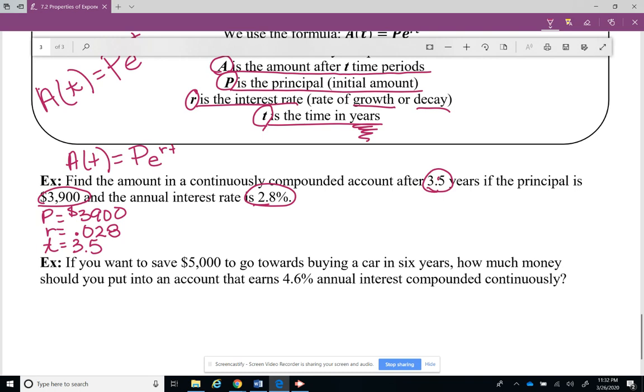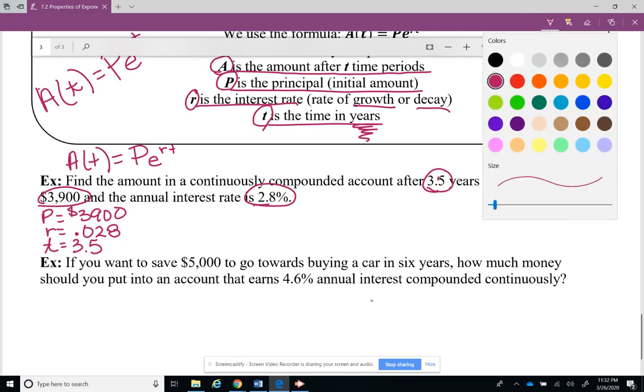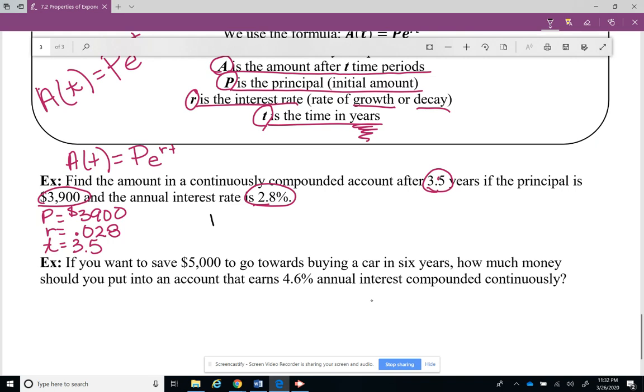All right, so we're going to put this in our formula. So we're going to say A of 3.5, because that's how long they want us to see how much is in the bank after 3.5 years and after the interest has been compounded continuously. All right, our principal is 3,900. Check. We write the E. We don't put 2.7 or anything.